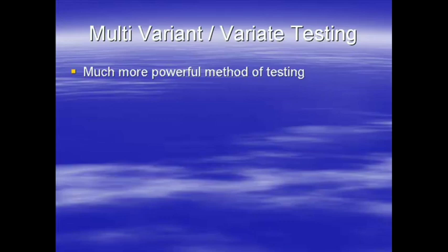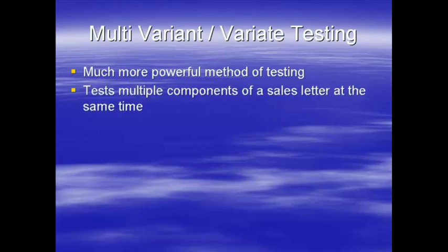Now, this can cost you upwards of $100. I mean, good software, you're talking between $500 and $1,000 for it. But let's face it, if it gets your conversion rate up to 5%, then you know what? It's so worthwhile doing, because it's going to make a massive difference in your income.